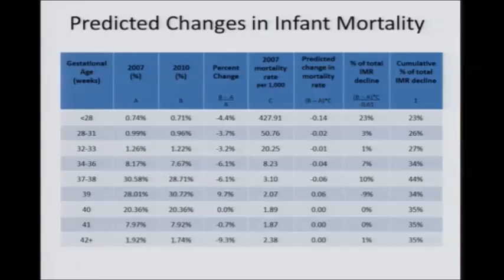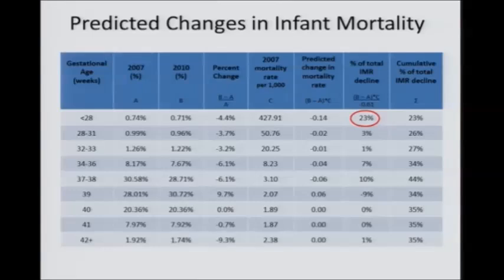I've been using Kitagawa for 10 years now, I think. But this was really showing that for the change between 2007 and 2010, 23% could be explained by a decline in that extreme prematurity. I think you had the Medicaid from Ohio, what's your name again? Kendi Bergman?